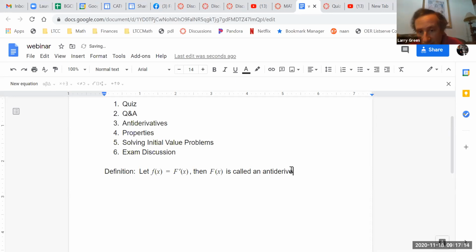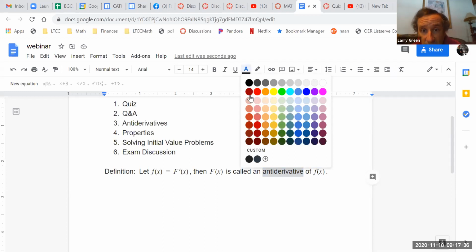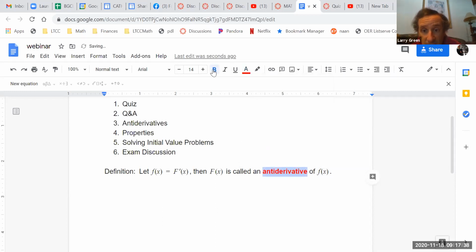Antiderivative, derivative of lowercase f of x. And let's put this bold and red, because it's that important. Any questions on this definition?